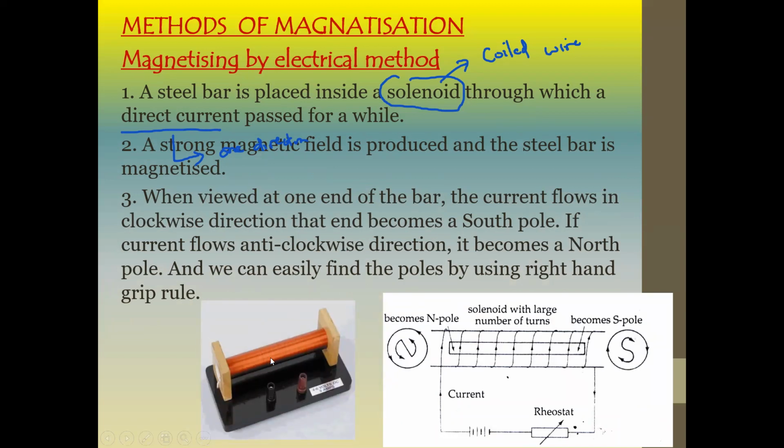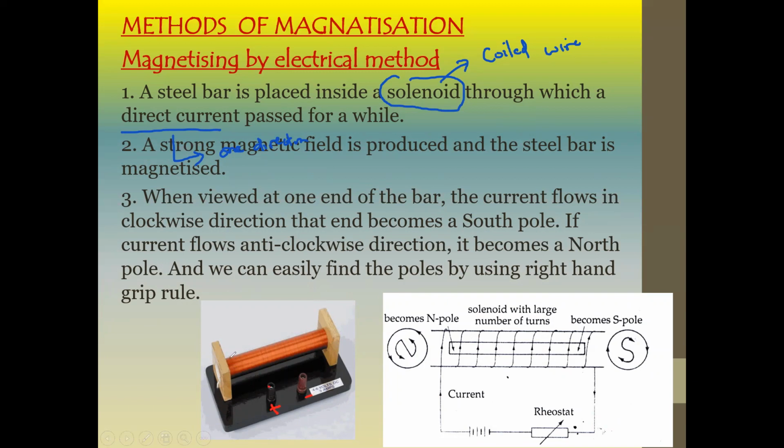Like here you can see this is a solenoid. A wire is wrapped around many times. This wire is called a solenoid. Then we connect a battery here, with the positive and negative terminals connected to the battery.